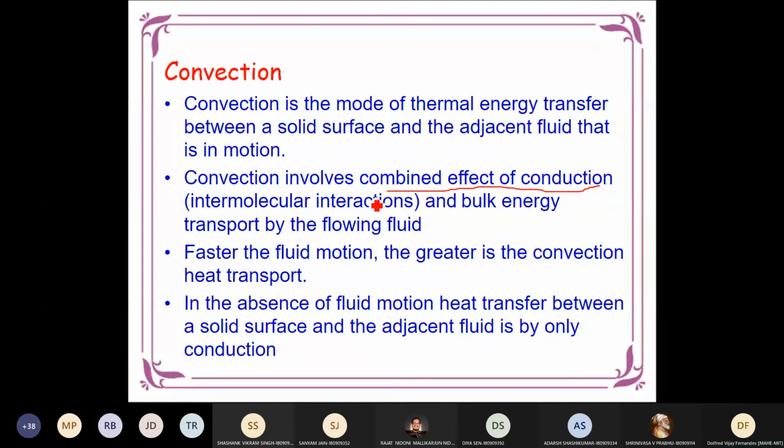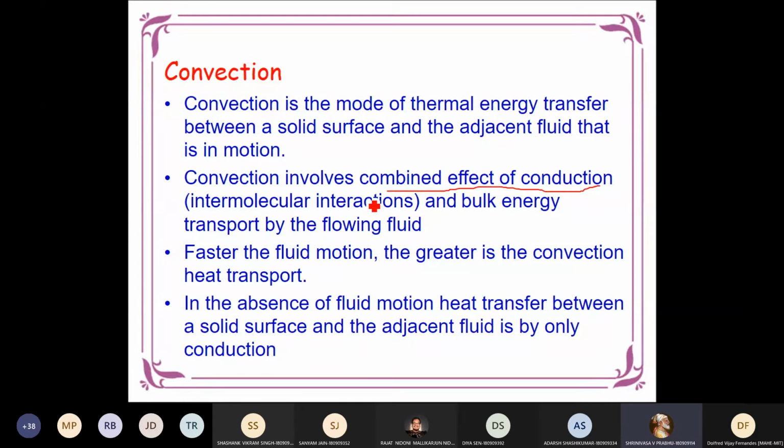The reason here, again, you should understand: how does faster fluid motion increase the heat transport? Any other idea? You can think about this one. How will the increase in fluid motion increase the heat transport?